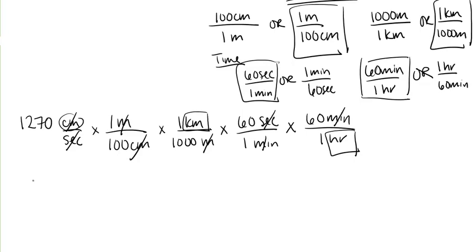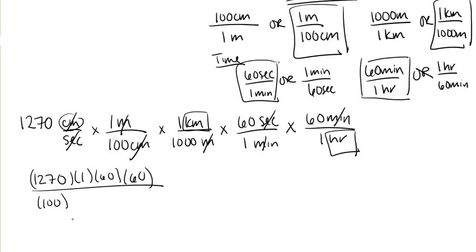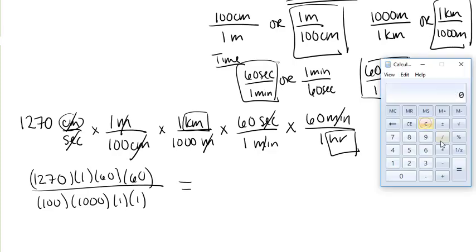So now we need to multiply everything out on the top. So we have 1,270 times 1 times 60 times 60. Then on the bottom we have 100 times 1,000 times 1 times 1. Let's get our calculators out. So on the top we have 1,270 times 1 times 60 times 60.